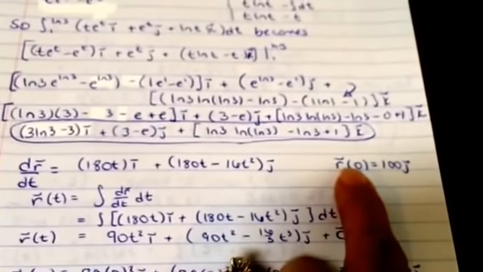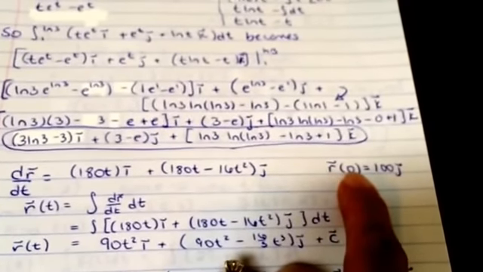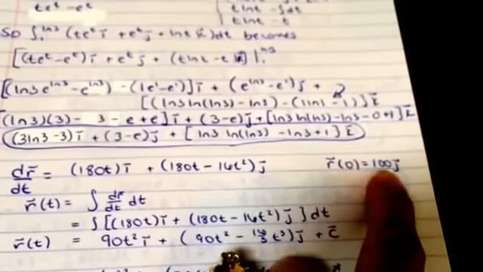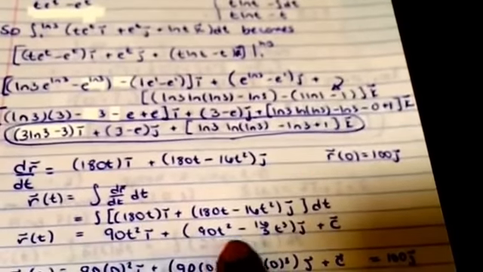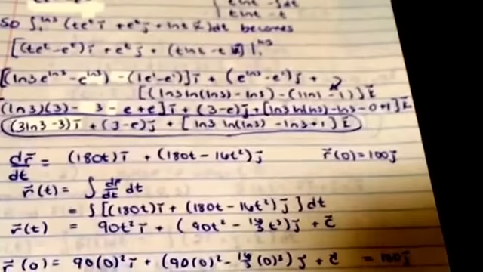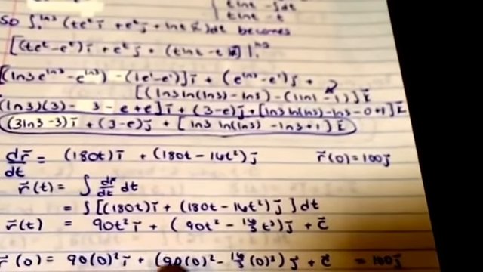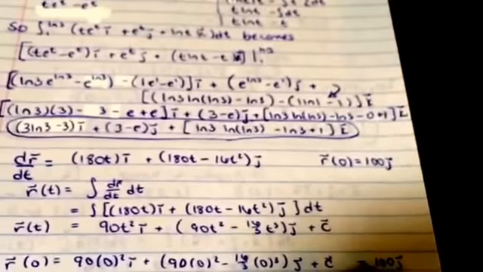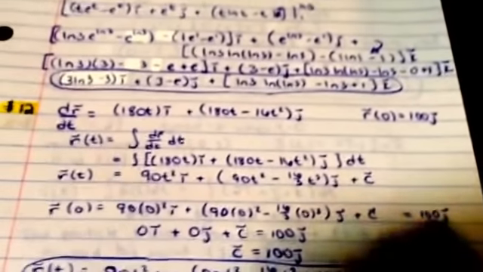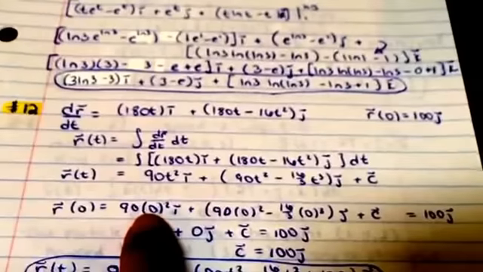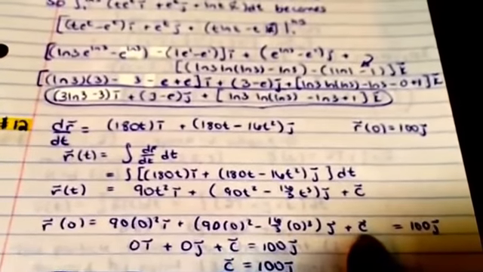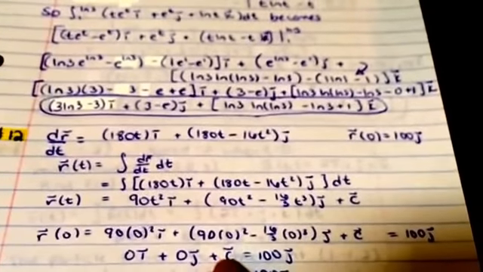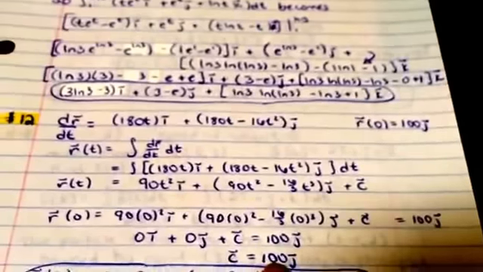Then, according to this, if I plug in a 0, it should be equal to 100j. So I go here, and everywhere I have a t, I plug in a 0. So r of 0 is this. And then, according to this up here, that should be equal to 100j. So I set it equal to 100j. So notice it's 0 in the i, 0 in the j, and then plus c. So my c must be equal to 100j.